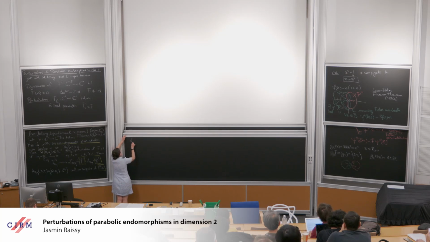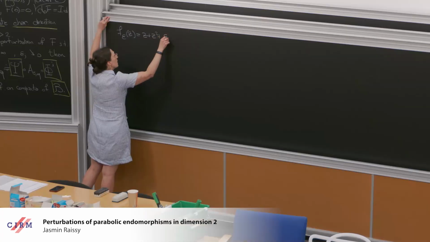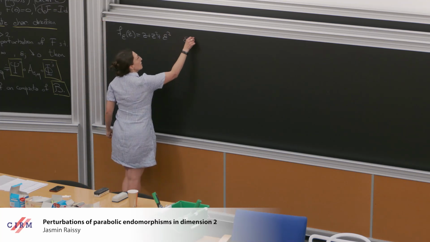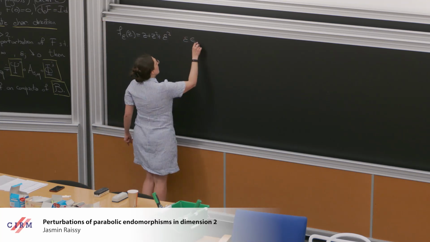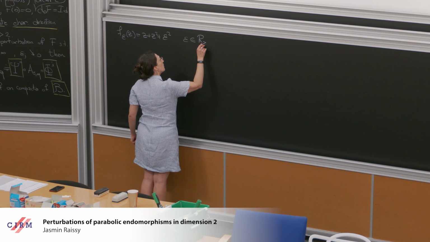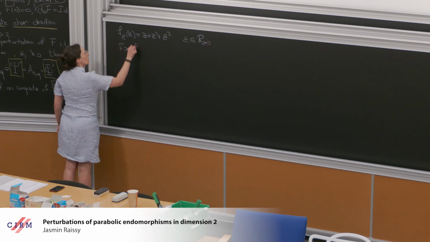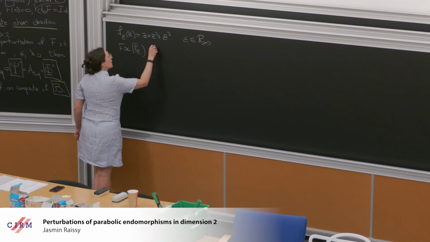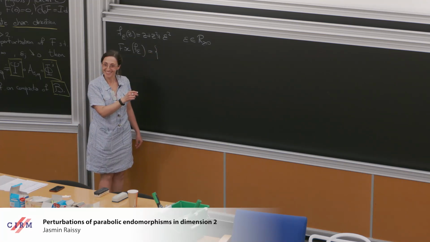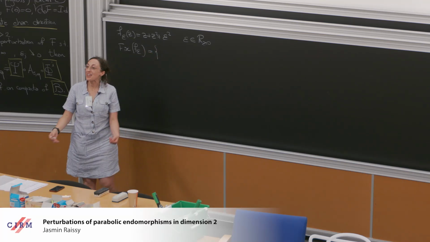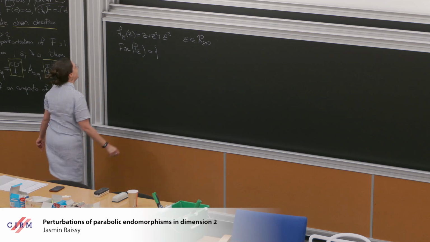So let's consider f epsilon of z, which is z plus z squared plus epsilon squared. Again, epsilon is real and positive. Okay, now my fixed points are plus or minus i epsilon.